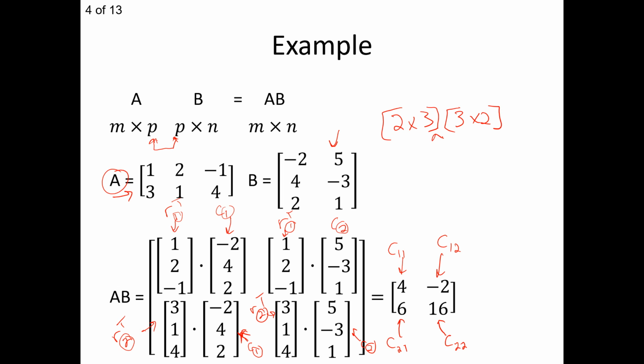So I notice that my inner dimensions are the same, check. But they disappear, because we take our outer dimensions here, 2 and 2, and that's going to form our new size matrix. So a 2 by 3 multiplied by a 3 by 2 is going to turn into a 2 by 2. Now we'll learn to interpret what this means.